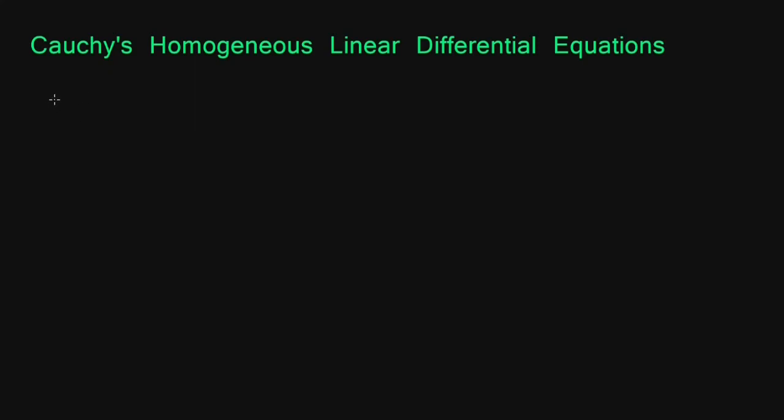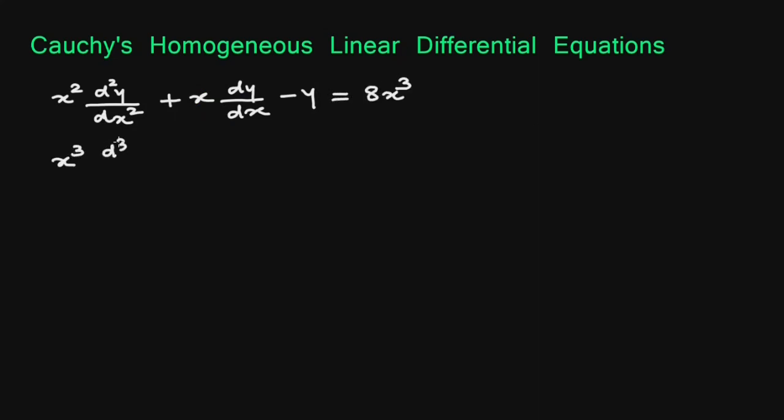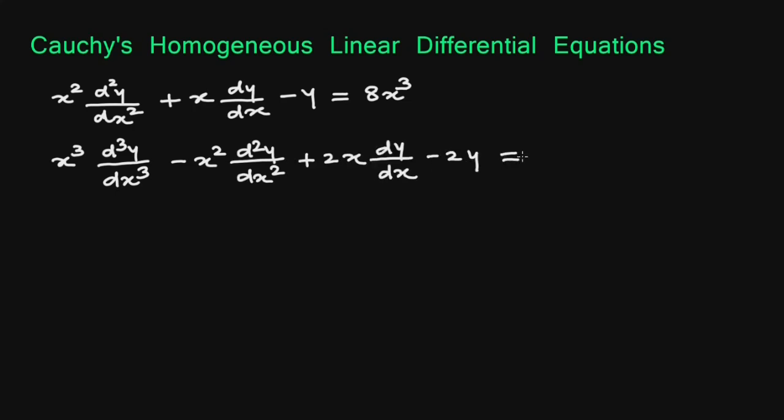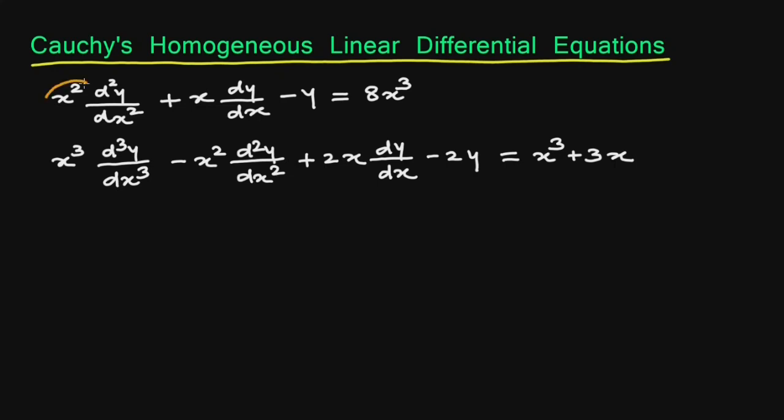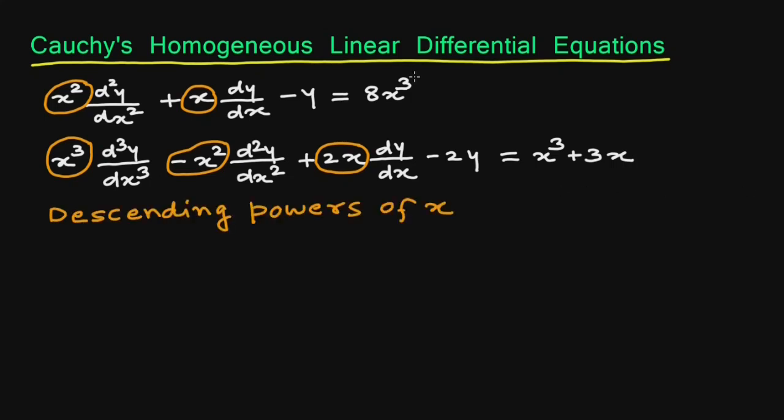Differential equations of the type x square d2y by dx square plus x dy by dx minus y equals 8x cube, or x cube d cube y by dx cube minus x square d2y by dx square plus 2x dy by dx minus 2y equals x cube plus 3x are called Cauchy's homogeneous linear differential equations, where coefficients of differentials x square, x cube, minus x square, 2x etc. are in descending powers of x, and their right hand side is a function of x such as 8x cube or x cube plus 3x.